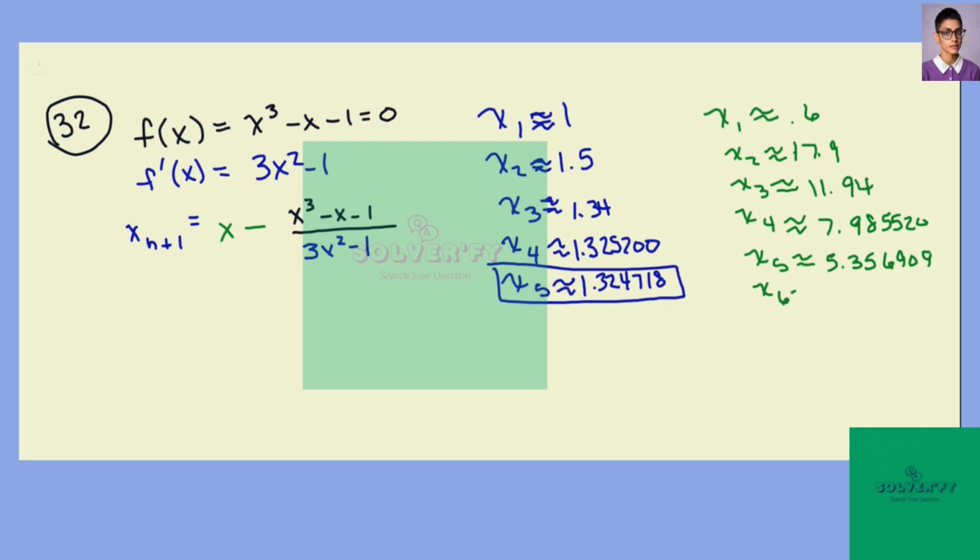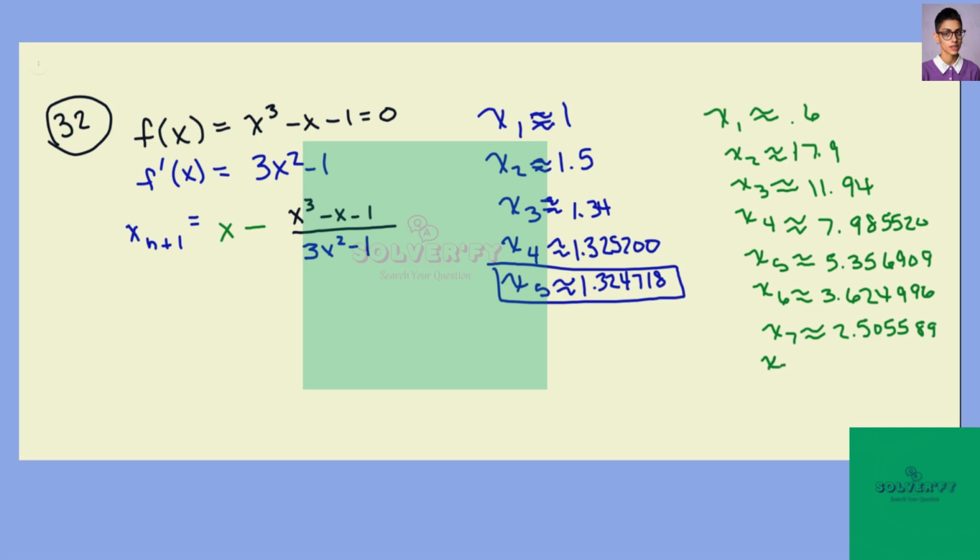X sub 6 is approximately 3.624996. X sub 7 is approximately 2.505589.